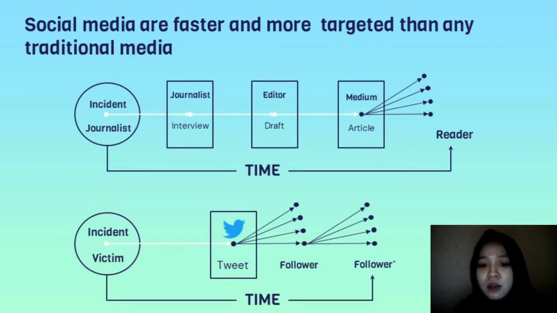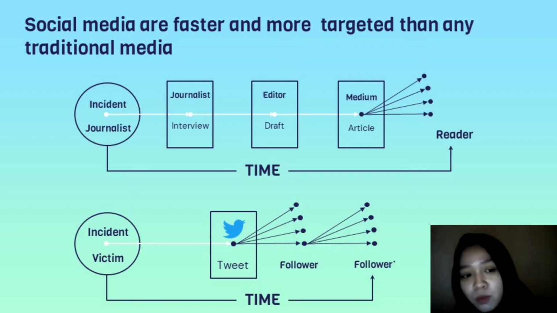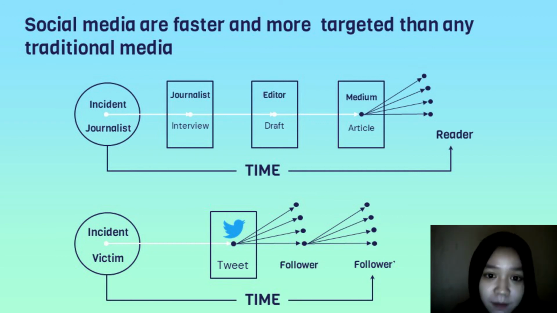So the news about the incident, the story about the incident, spread rapidly, spread very fast. The time was short. It could happen not just in an hour, but in a minute. So that's the difference between social media and traditional media. This occurs because of the internet, Web 1.0, Web 2.0, and yeah.